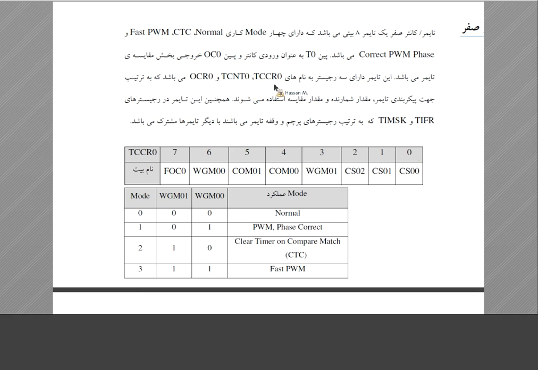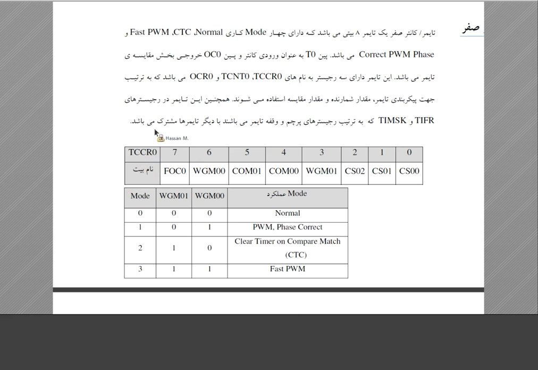For example, TCCR0, TCCR1, and TCCR2 are the timer counter control registers for timer 0, timer 1, and timer 2. Timer 0 and timer 2 are 8-bit timers, and timer 1 is a 16-bit timer. Okay, and timer 1 is a more complex timer.